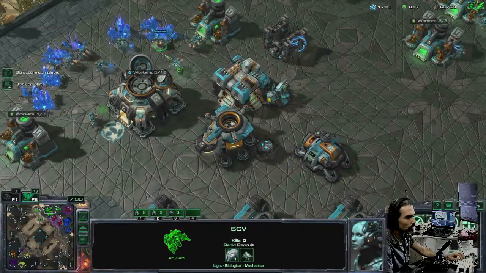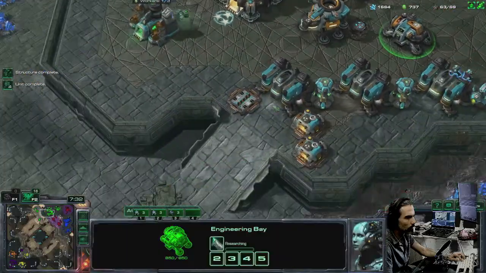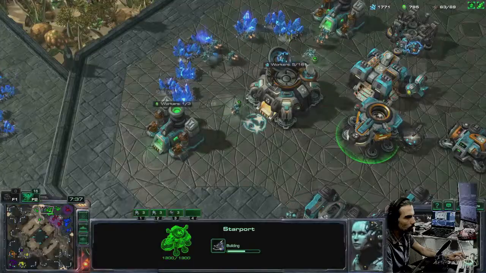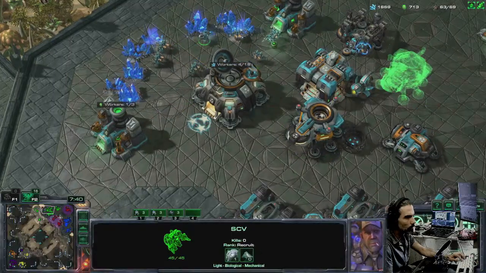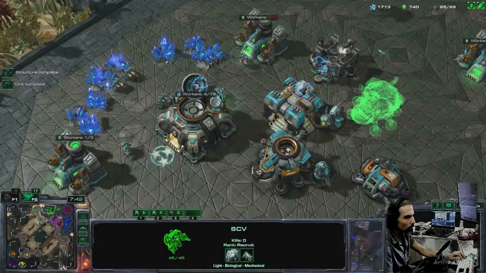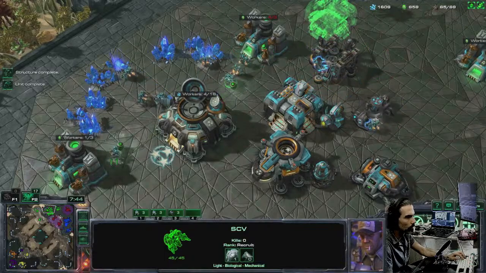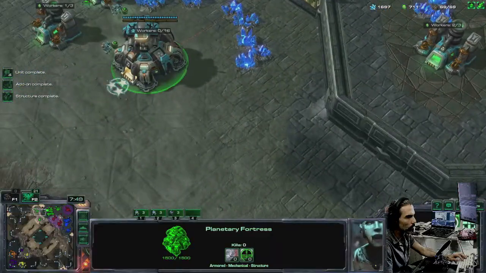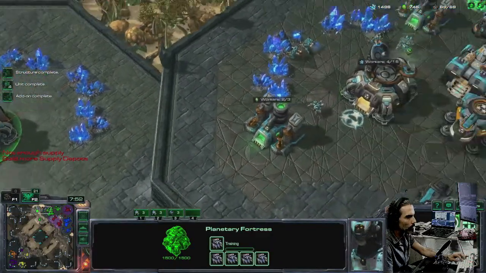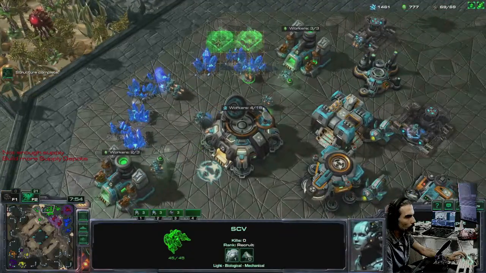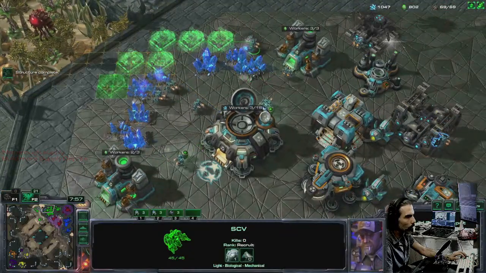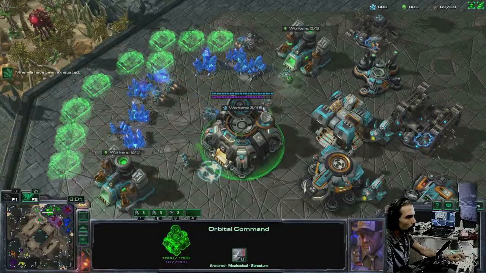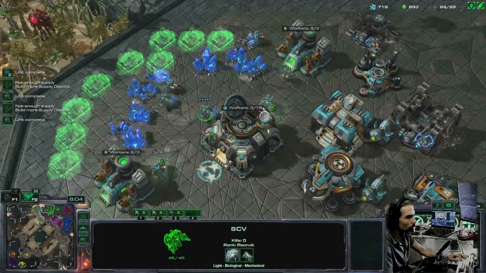Gangway. What's going on? We're about to get it. This better be good. Additional supply depot. Will do. You're the boss. Want a piece of me, boy?